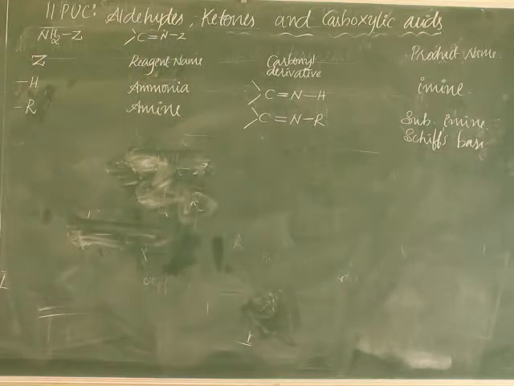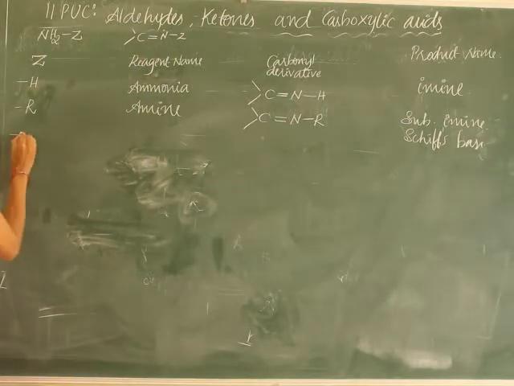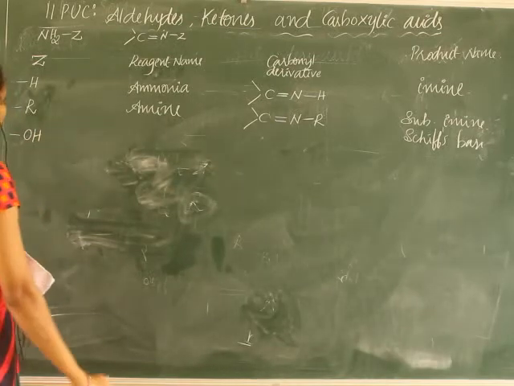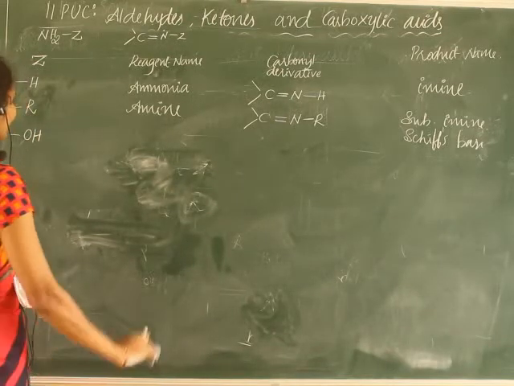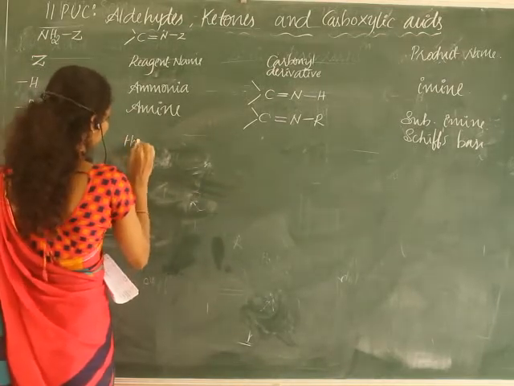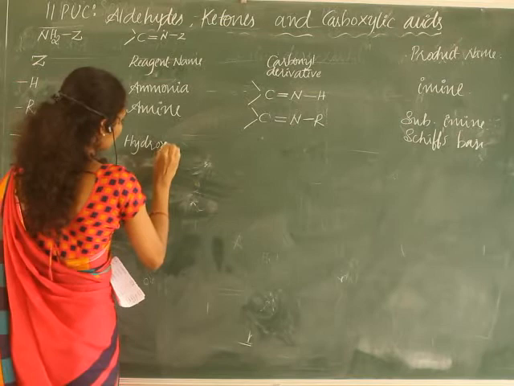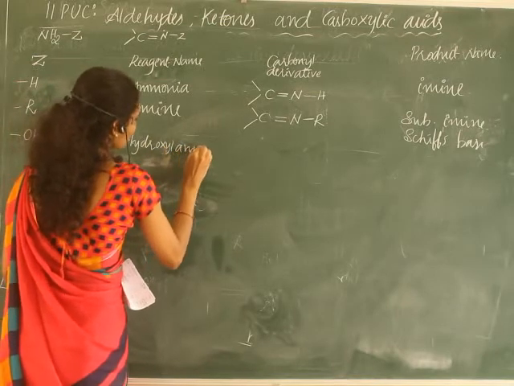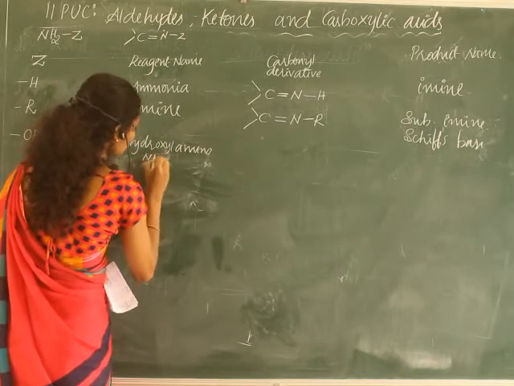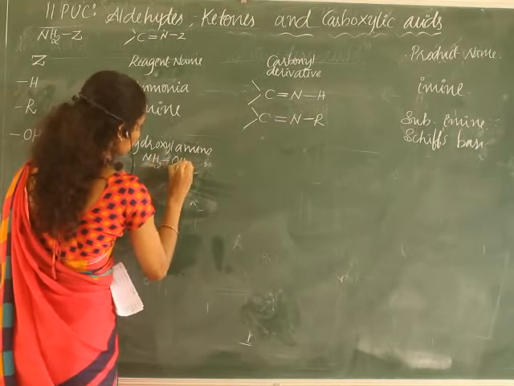Next one is OH. Next one is OH, and reagent name is hydroxylamine. Hydroxylamine. If you want, you can write how NH2OH, hydroxylamine.